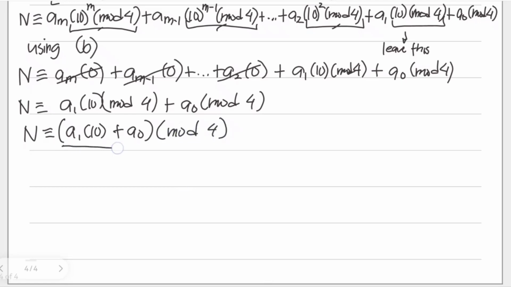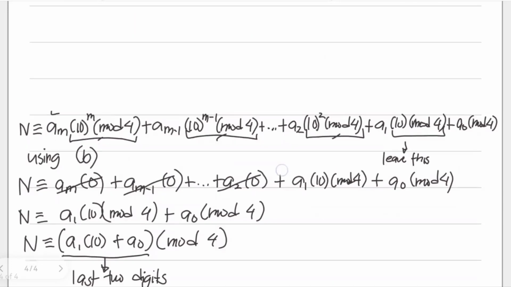What is this expression? Aside from it being the sum, this comprises the last 2 digits. These are the last 2 digits.